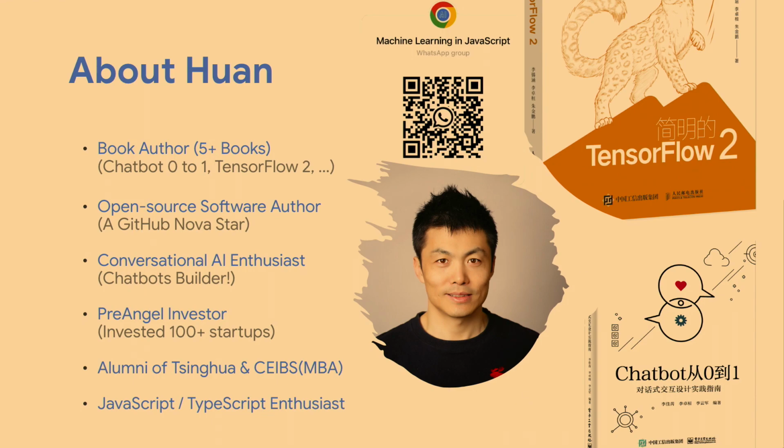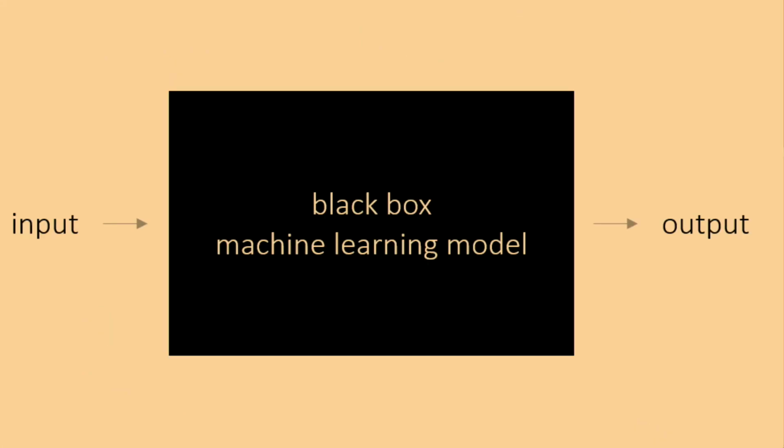I built a lot of chatbots, and also my daily job is an investor, so I'm an angel investor, and I have invested in more than 100 startups before. So at last, I'm an alumnus from Tsinghua University, which means I'm from China. I originally lived in Beijing for more than 25 years.